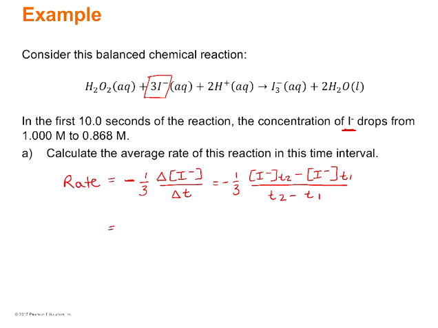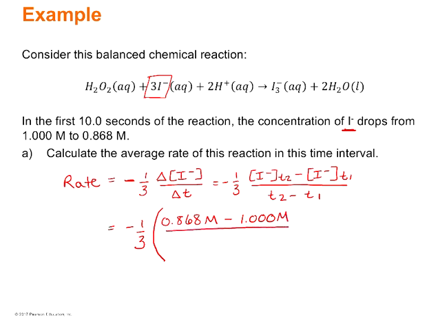So let's plug in what we know. The concentration of I- at time 2 is 0.868 moles per liter, and I'll put parentheses around this. And then we're subtracting the concentration of I- at time 1, and that was just 1.000 moles per liter.